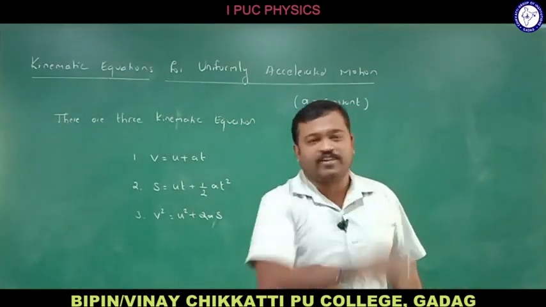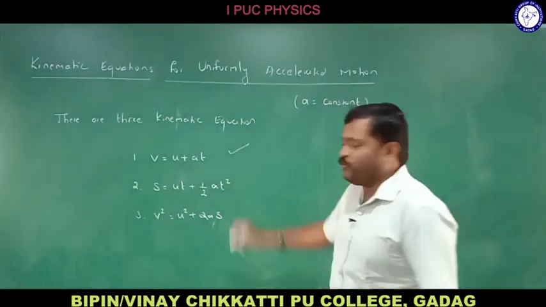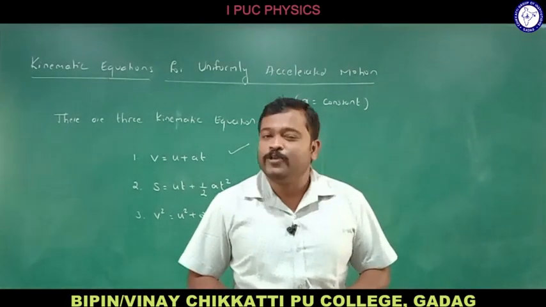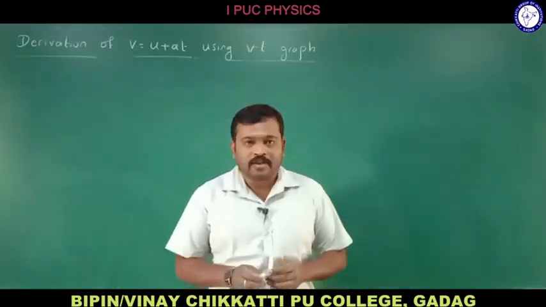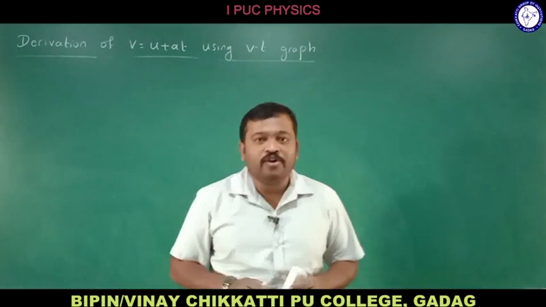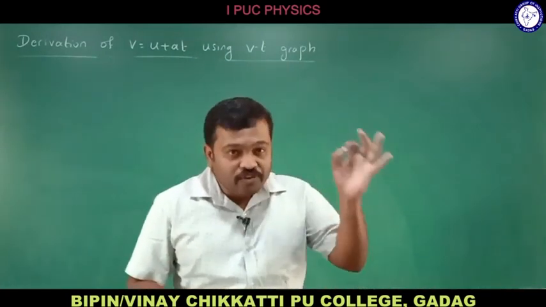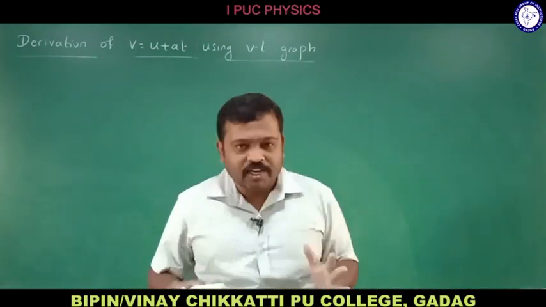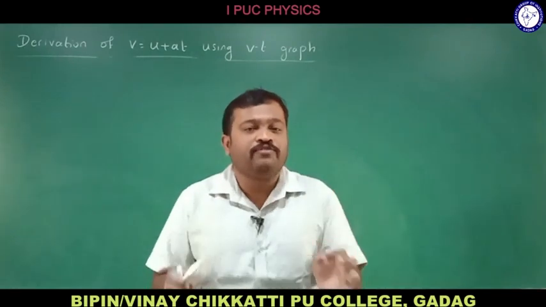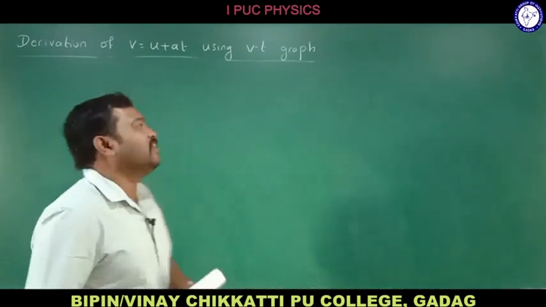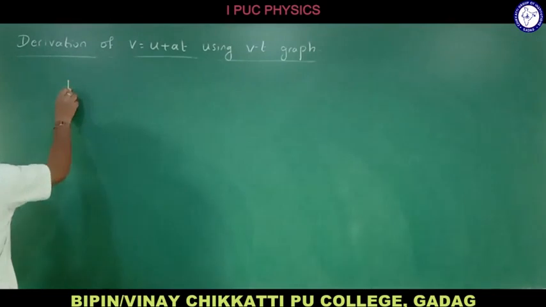Okay, let me begin with the first one, that is, derivation of v is equal to u plus at using the VT graph. Now let me draw the VT graph for uniformly accelerated motion, meaning a body is moving with uniform acceleration. This is the VT graph.